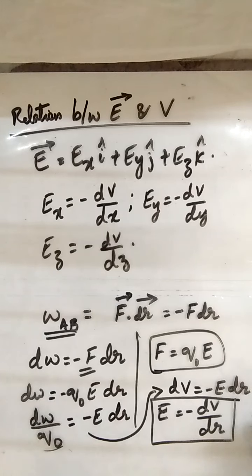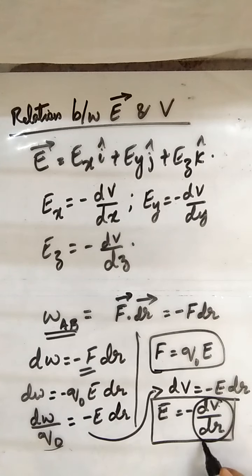Now, what can I say about this? dV by dr is the rate of change of potential with distance, correct? It is also called the potential gradient or steepness.